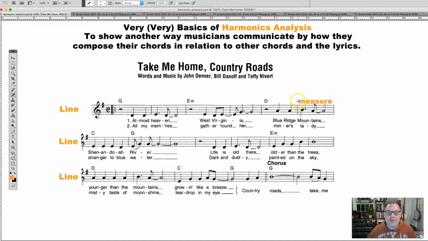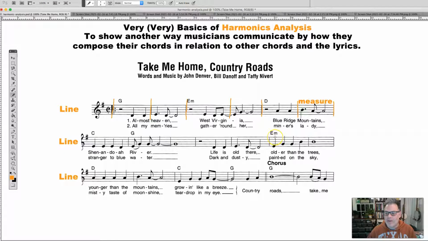Measures are these little segments that break the lines down into little pieces. There are a certain number of notes per measure, and we can see measure 1, 2, 3, 4, 5, and you count them off as you're going through.